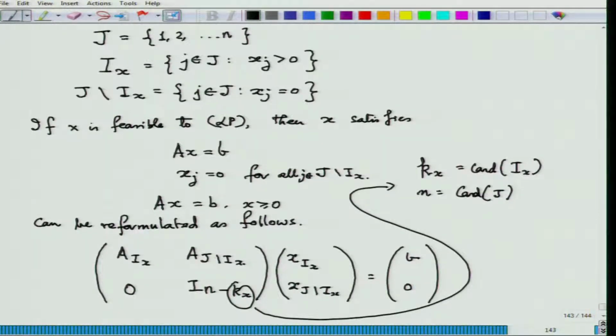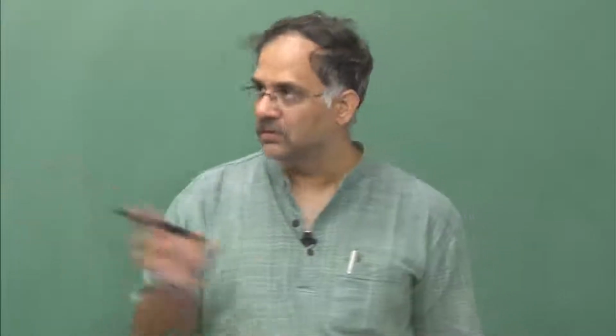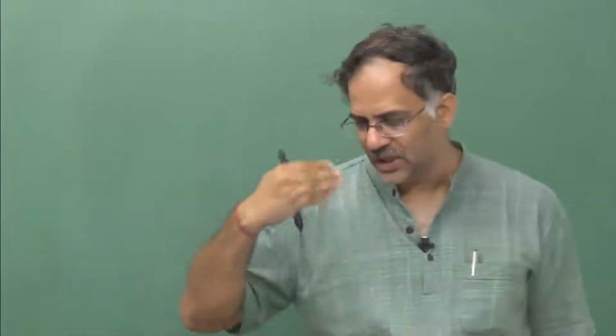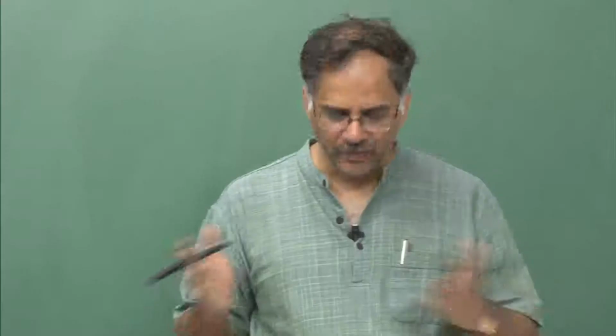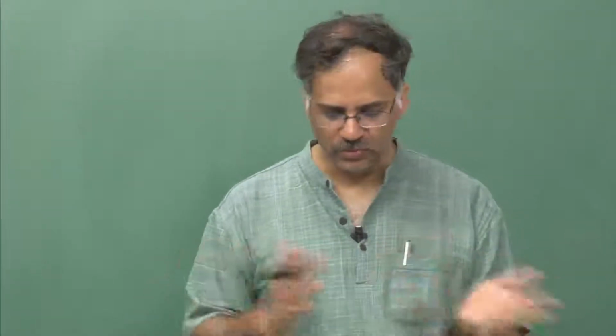So, you split the n columns into these belongings: some columns corresponding to which xj is strictly greater than 0, some columns for which xj is equal to 0. Now, it is not that the first kx columns have xj greater than 0, it could be otherwise, but just by applying a permutation matrix from both sides you can make this arrangement. So, finally, what we get is a similar matrix of this type.